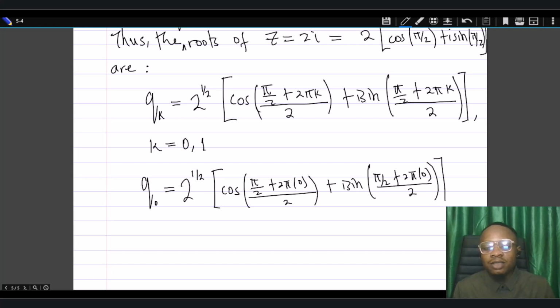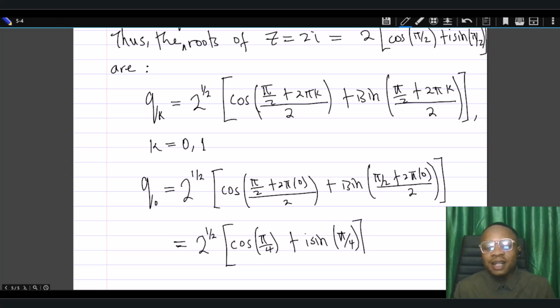Again, we close this bracket. And this gives us 2 to the power of 1 over 2 into the cosine of pi over 2 plus 0, then divided by 2, that is pi over 4, so that looks good. That is cosine of pi over 4, then plus i sine of pi over 4.